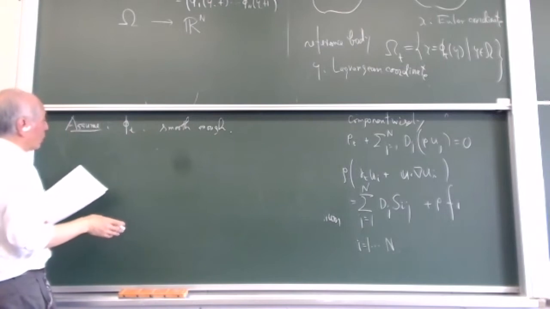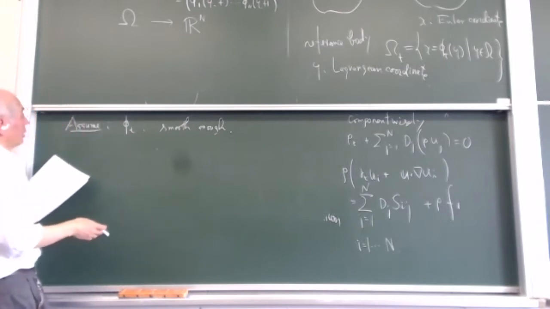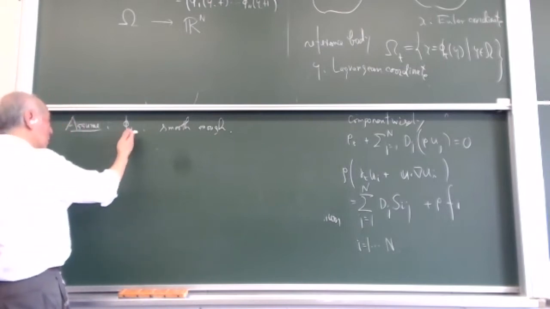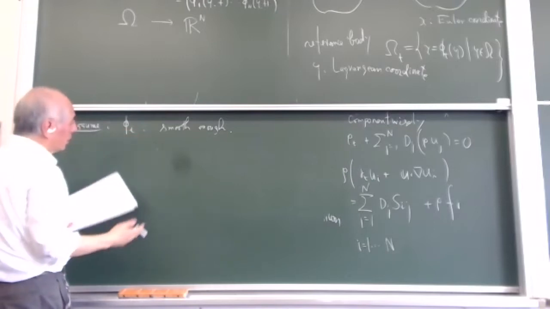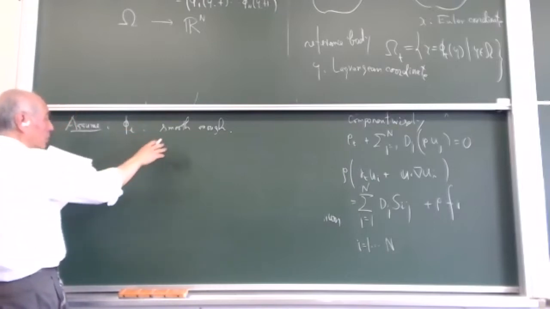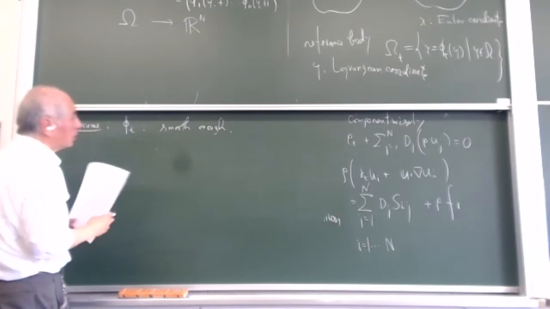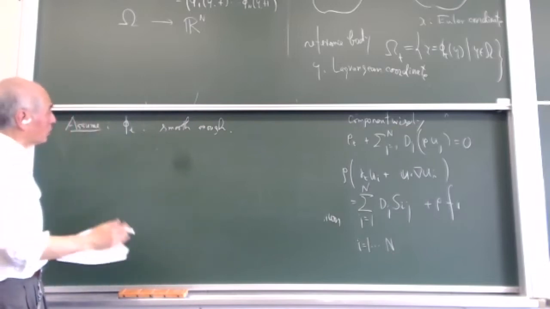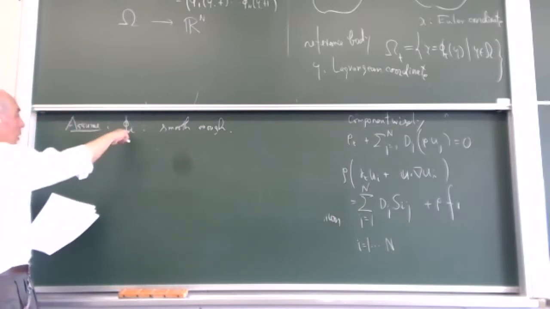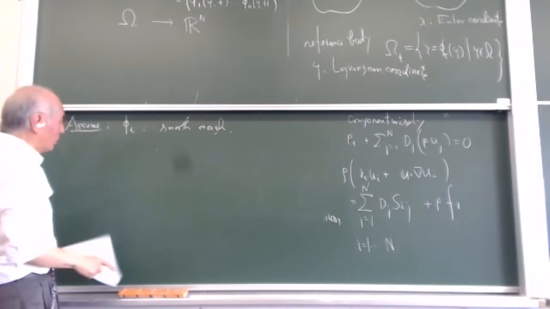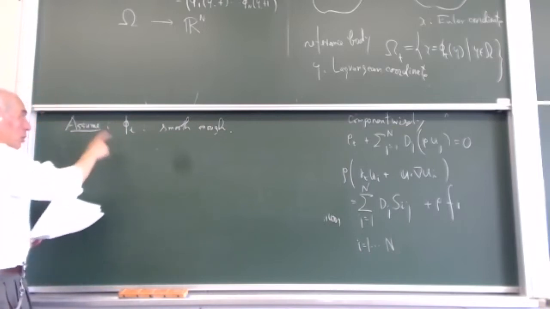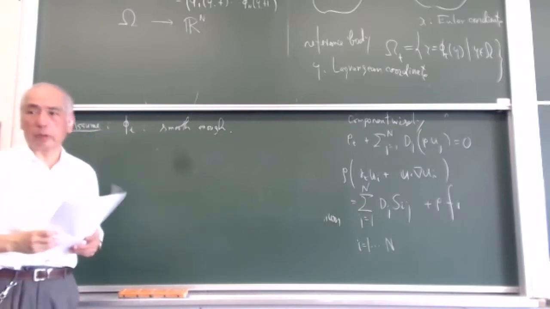But when we solve the equation, phi sub t has some necessary smoothness. So it is decided when we solve the equation how smooth phi sub t is. But to derive the equations, we may assume that phi sub t is smooth.